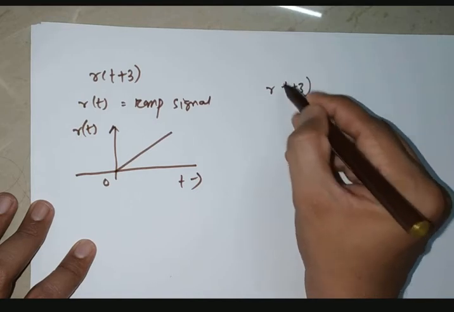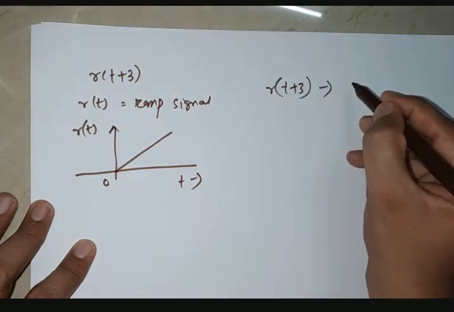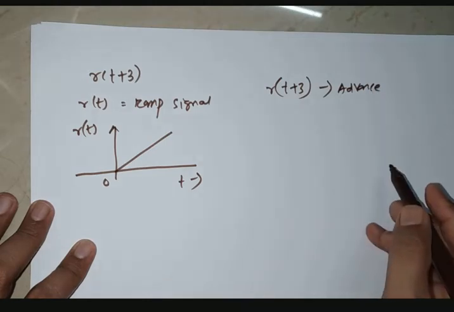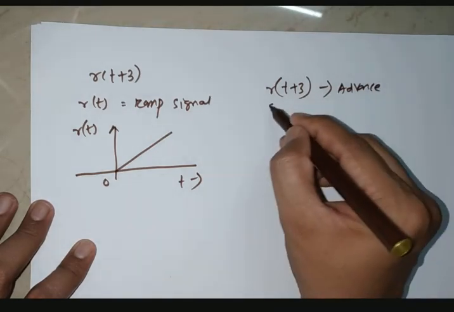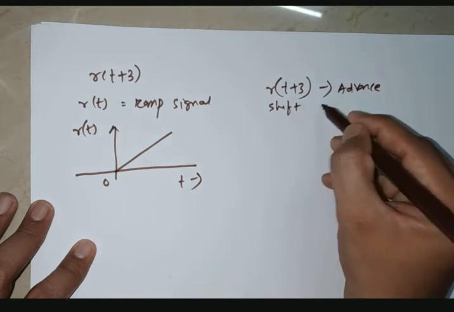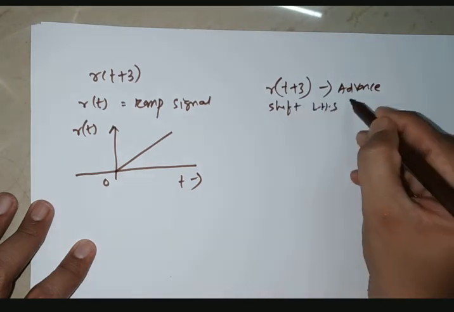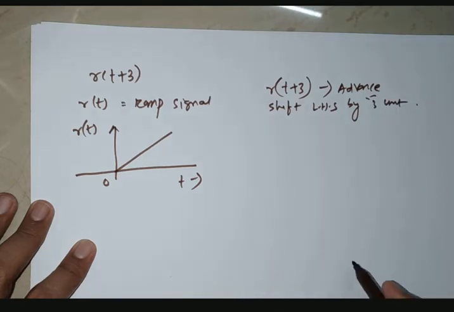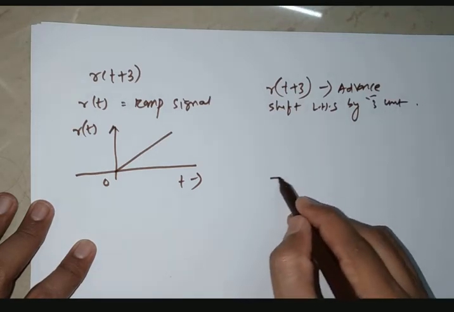R of t plus 3 means what type of operation this is? Again, advance. Advance means what we will do? Shift left hand side by 3 unit.